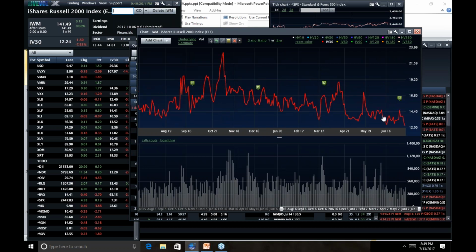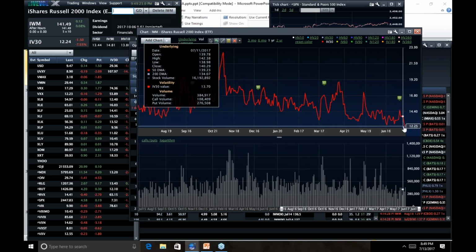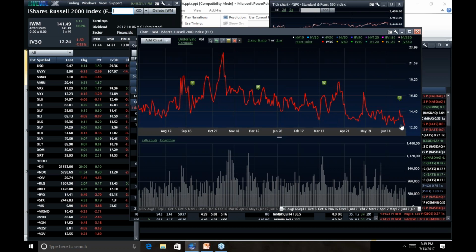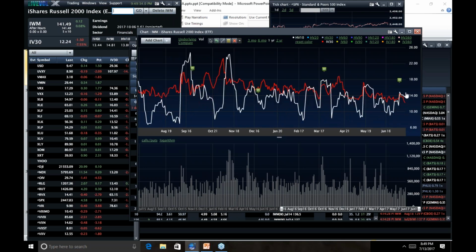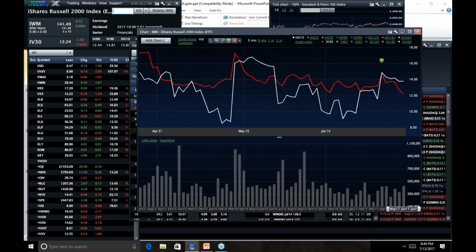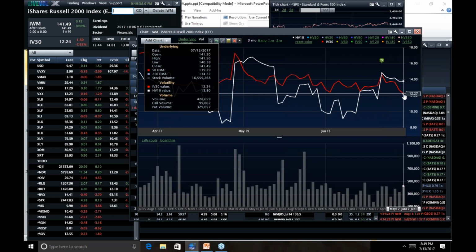I'm going to turn this off. Rutvol is the cheapest it's been all year. You think that's a sale? Movement's higher than IV, but not much.